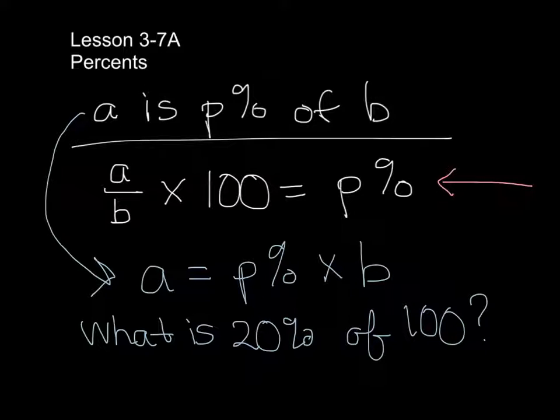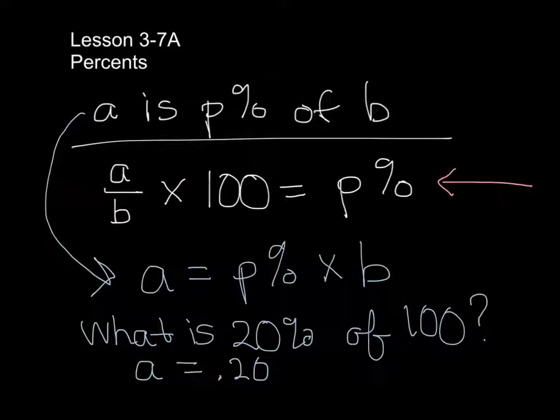But if we think about it, A is P% of B, then we know what we're looking for. The what corresponds to the A, okay, so we're looking for A. Is an equal sign. 20%, we could convert that to a decimal, and that would be 0.20.